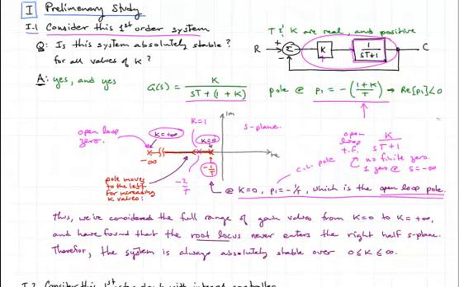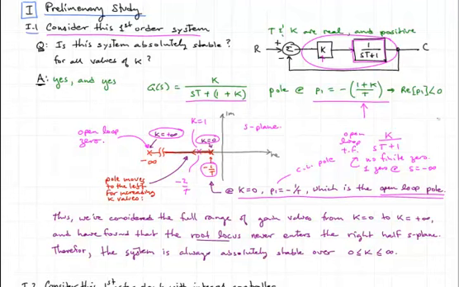And there will always be a zero for every pole of the system. So if you think about a pure integrator, 1 over s, it has a pole at s equal to 0. It has a zero at s equal to infinity or minus infinity. If you had the transfer function of 1 over s plus 4, again, it would have a pole at minus 4, but it would have a zero at minus infinity.